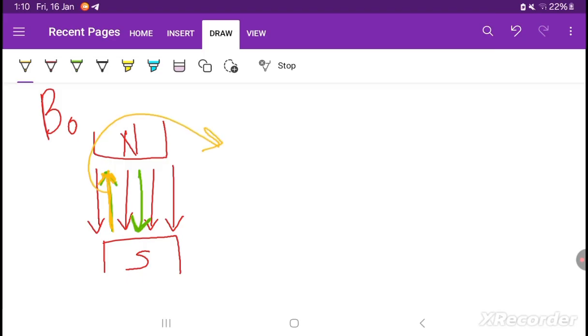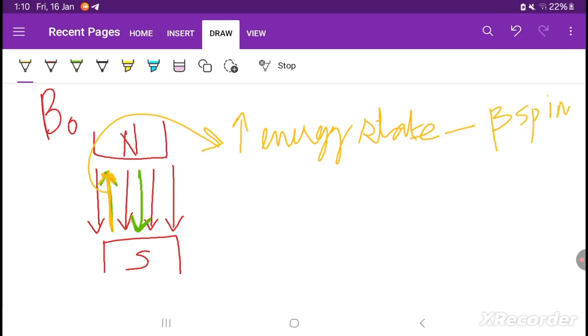Against the field means it has a higher energy state, and it is referred to as the beta spin state.